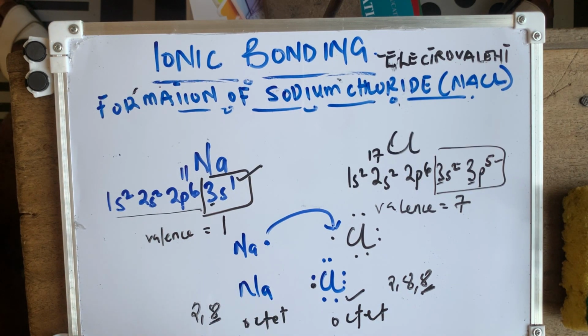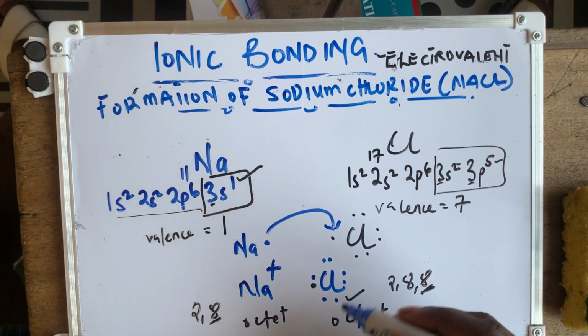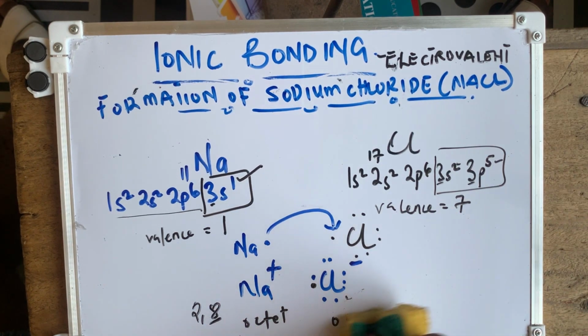But because the sodium here lost an electron to the chlorine, it becomes positively charged. And because the chlorine here gained an electron, it becomes negatively charged. Now, there's a concept we call electronegativity.